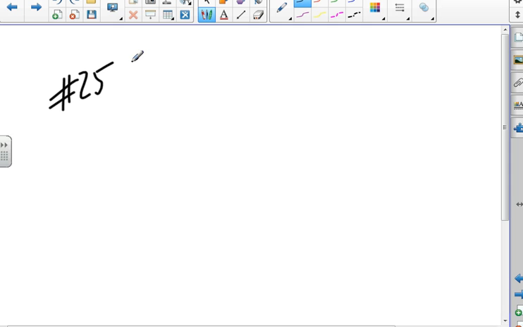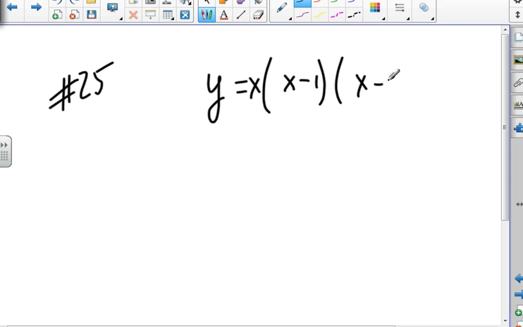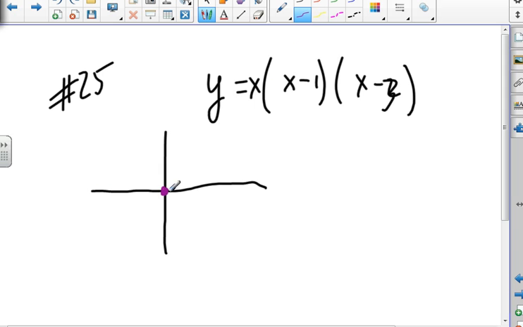Okay, so I've got y is equal to x, x minus 1, x minus 2, and the x-axis, x minus 3, and the x-axis. Now this is going to go through 0 at 0, through 0 at 1, through 0 at 3.